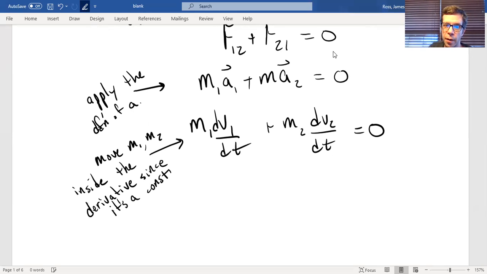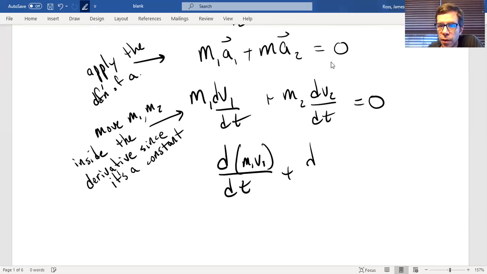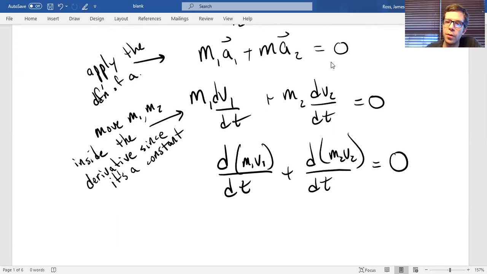We can do that because it moves across the derivative without any issues because it's constant. It's just like multiplying a scalar times the variable that you're taking the derivative of. So we can now write this as d/dt of m1v1 plus d/dt of m2v2 equals 0.